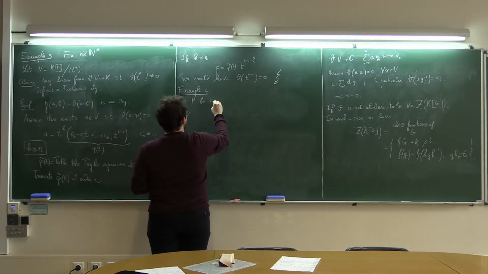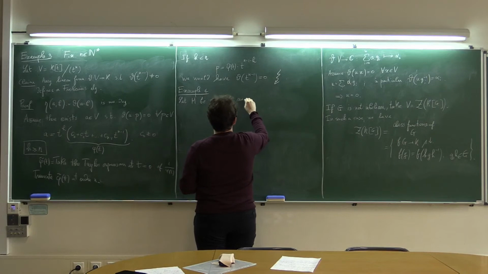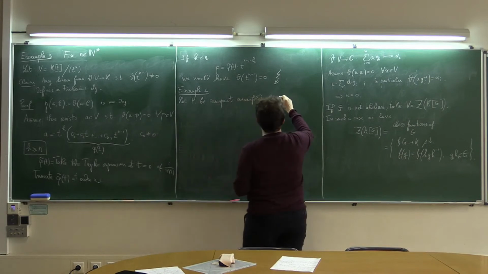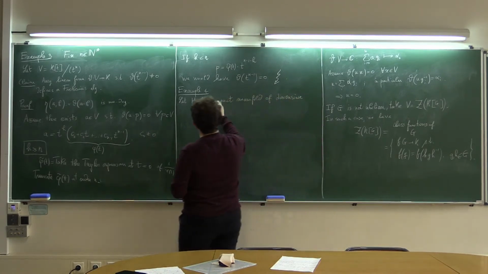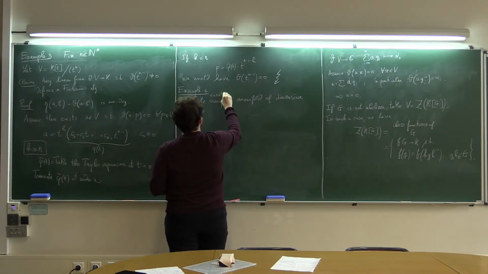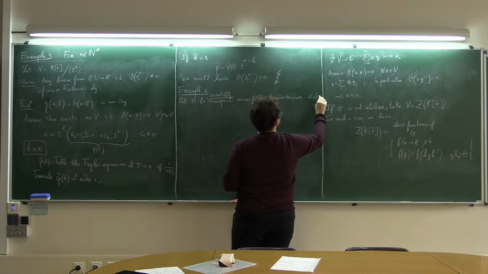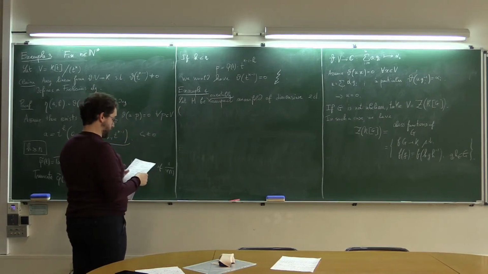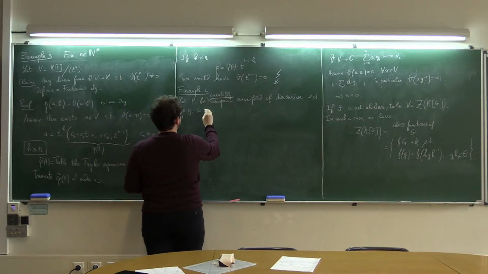So let M be a compact, orientable manifold of even dimension 2d. So for example, you can take a smooth complex projective variety.